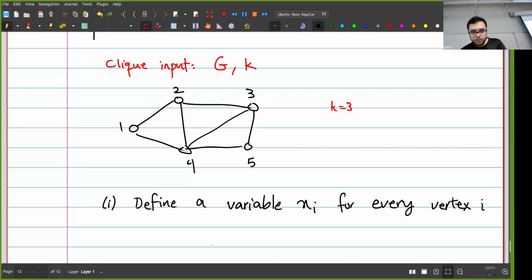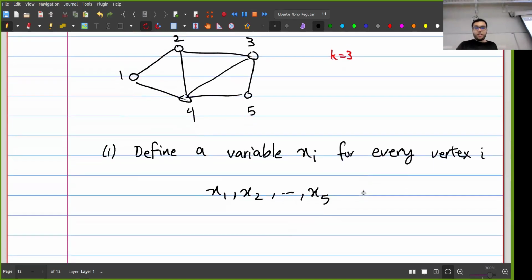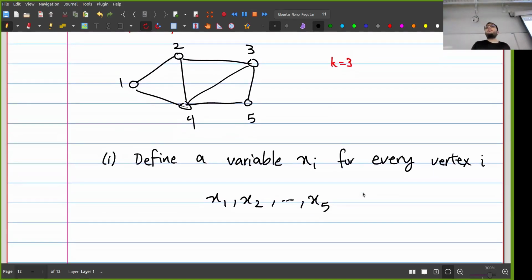So my variables here would be x1, x2 to x5. Now, I have to write some constraints. My constraints are going to say that if I have two of these variables that are set to true, then I must definitely have an edge between them in my graph, right? But I want to write this just as a formula without talking about the graph.